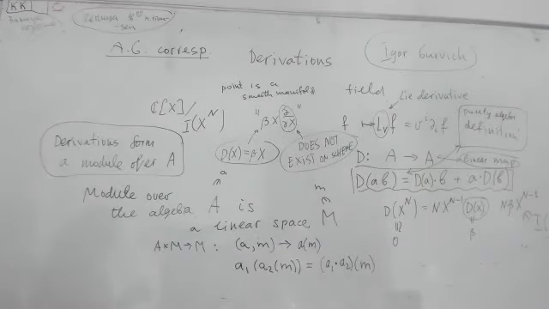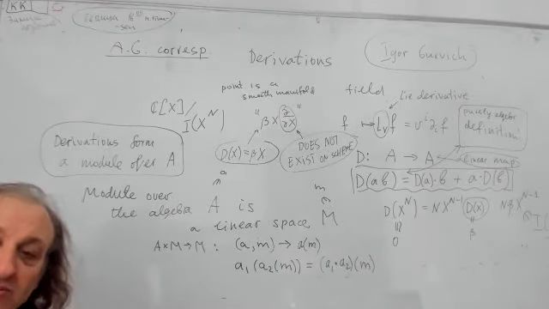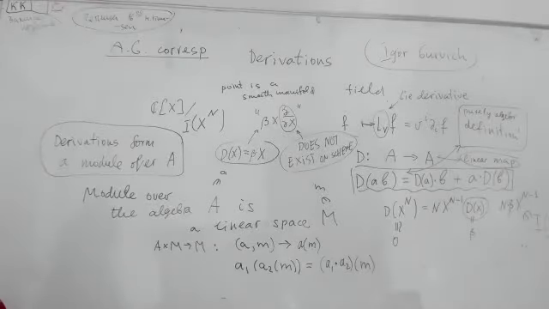Right. Because later on, it's a fundamental notion. By the way, do you know why a module is called a module? No, not really. Yes. So the name module is very strange. Where do you see a module here?